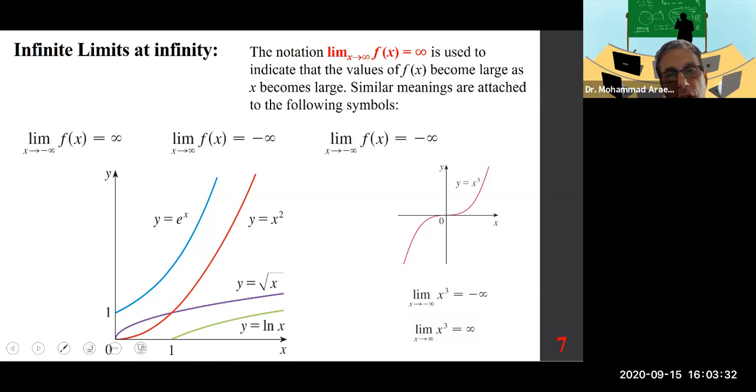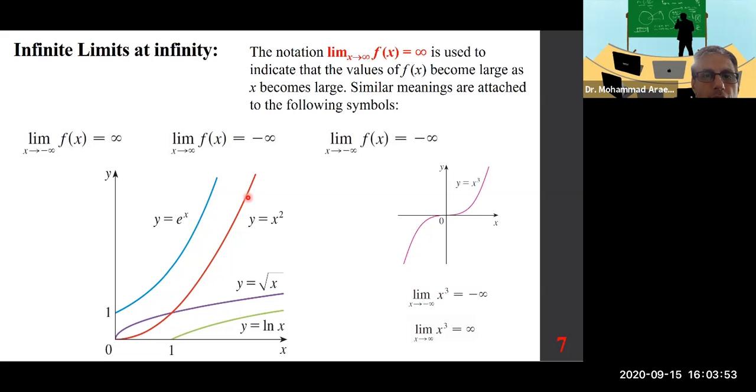These are some functions that you are all familiar with as far as the shape: y equals e to the power of x, y equals x squared, y equals ln x, y equals square root of x. Those are all elementary functions we have seen in previous courses. So this is a portion of it. By the way, e to the power of x, class, it continues this way.